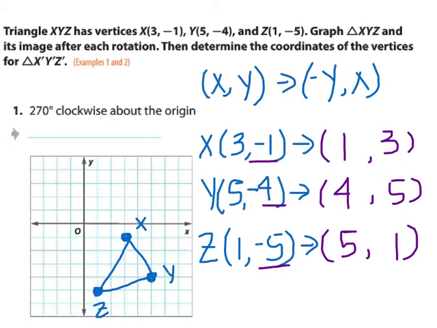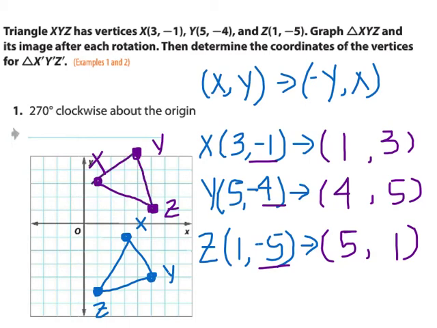So go over 1, up 1, 2, 3. That's x. 4, up 5. That's y. And 5, up 1 is z.